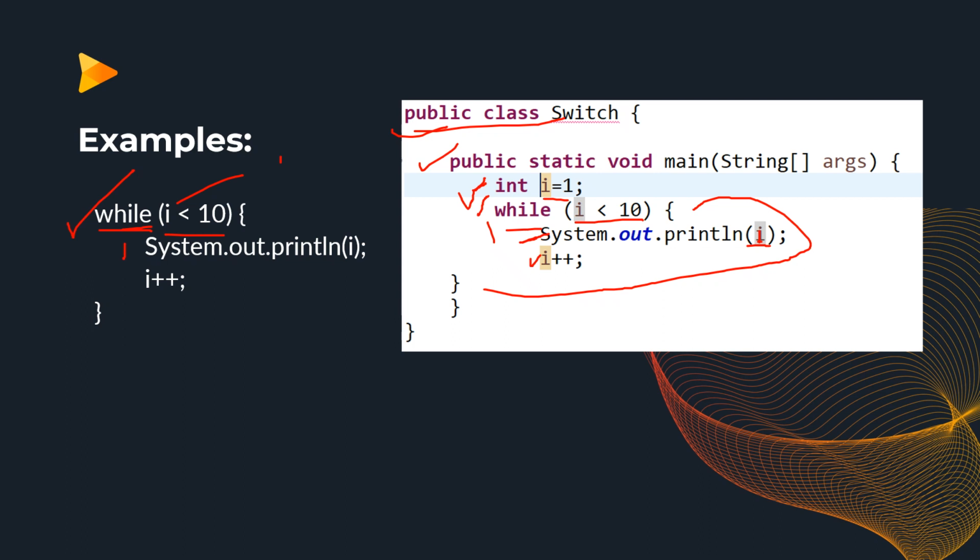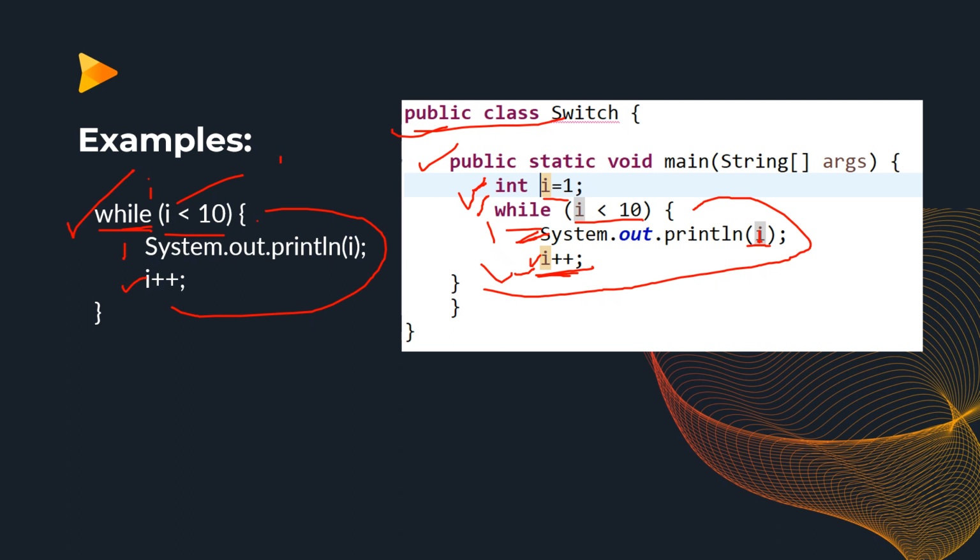After executing this print, we are going to increment the value of i by using i plus plus, so it will increase the value of i by 1. You can also decrement by using minus minus, and increment using plus plus. Now how will it work? First, the value of i is 1, and it will check whether i is less than 10.